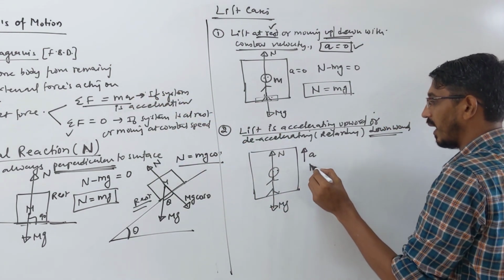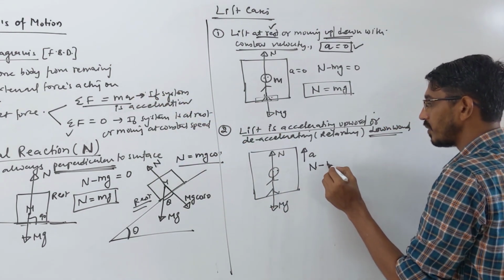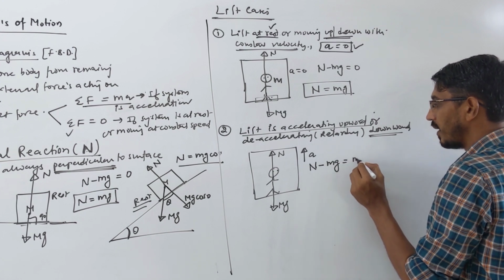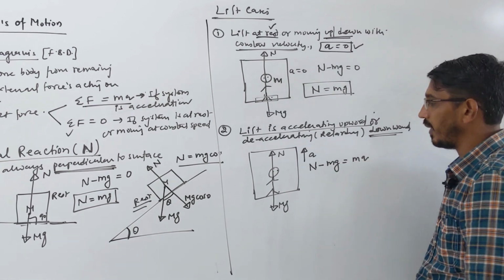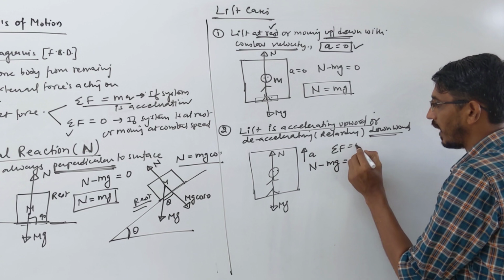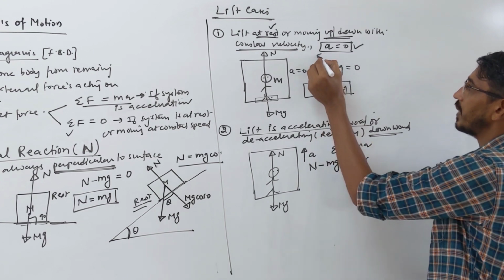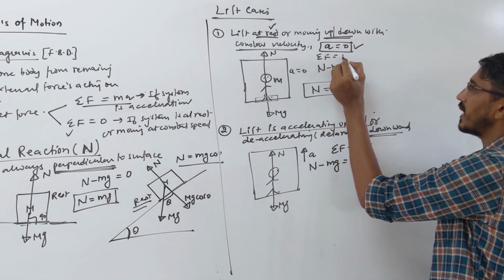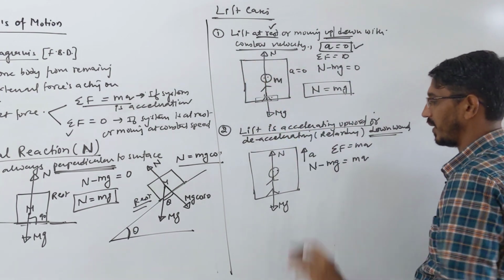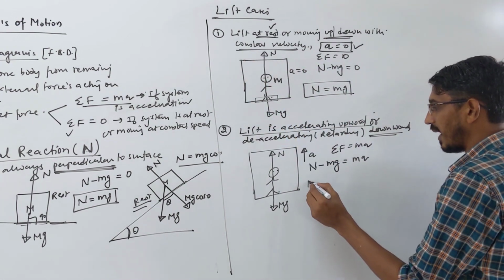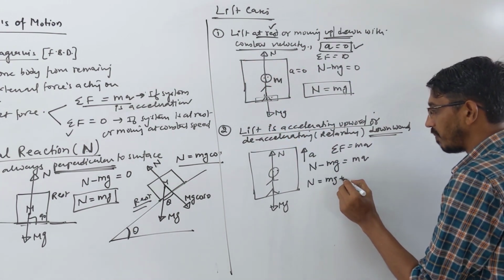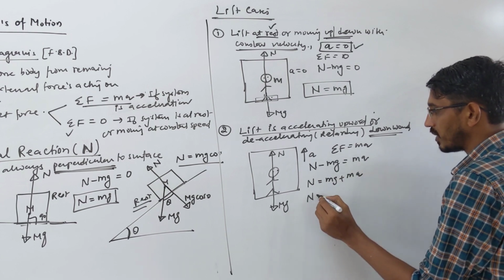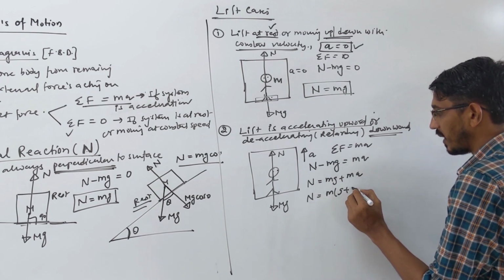So net force n minus mg is equal to ma. In the earlier case, net force was 0 because not accelerating. So in this case n will be equal to mg plus ma. Normal reaction will be equal to m(g plus a).